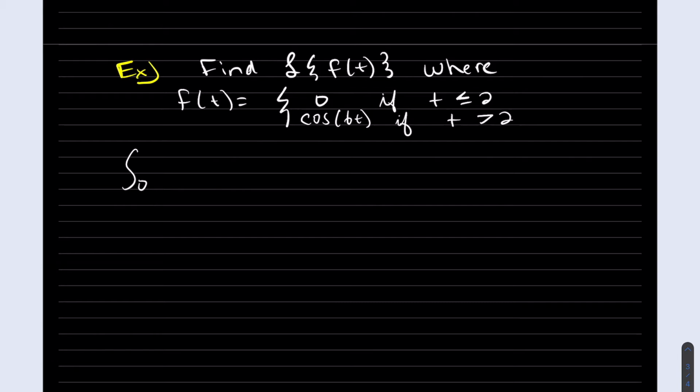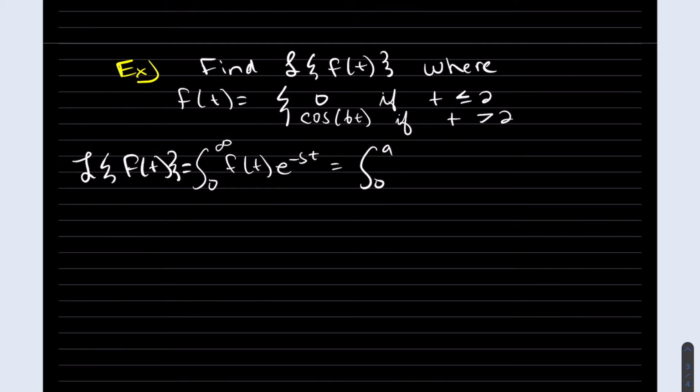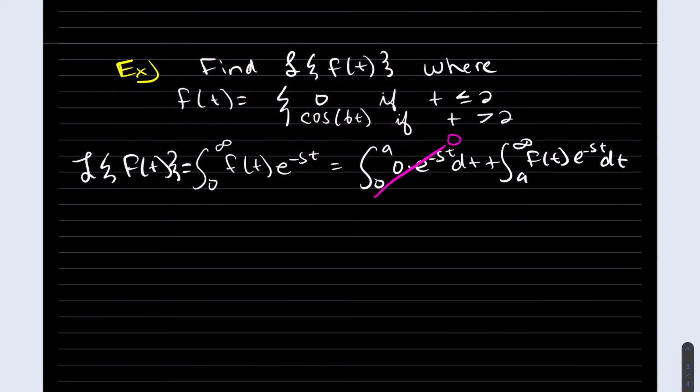So let me write it in general. As I mentioned, the 0 will zero it out, and this f of t is cosine. You'll see why I want this in a minute, but we know integrating that's not so easy.